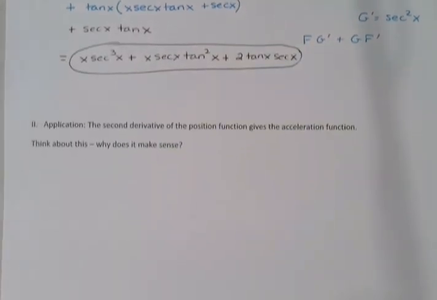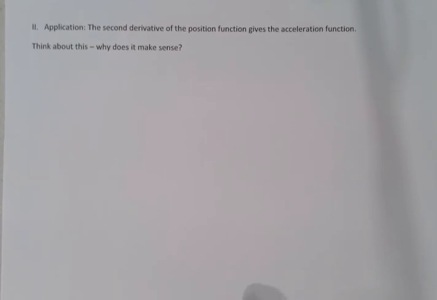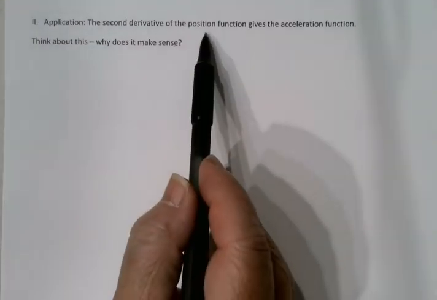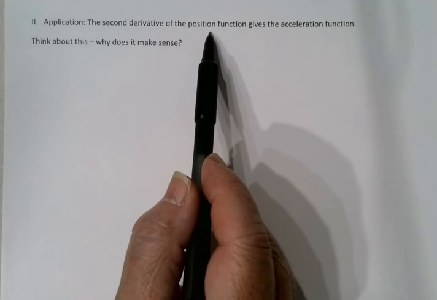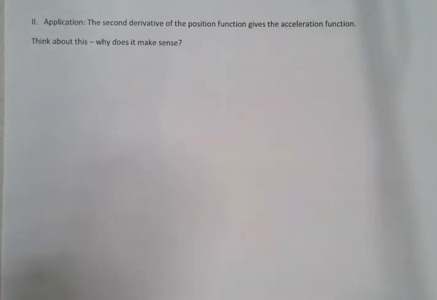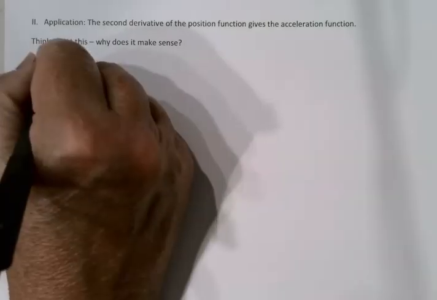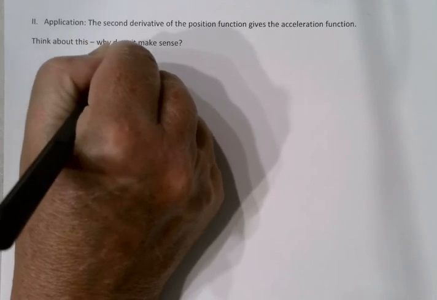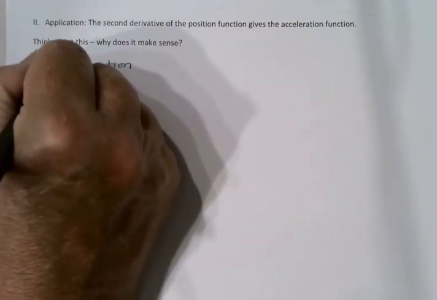All right, our primary application of second derivatives is going to be the fact that the second derivative of the position function will give us acceleration. Right? The first derivative is velocity. So if r is position, actually I think we've been using s.